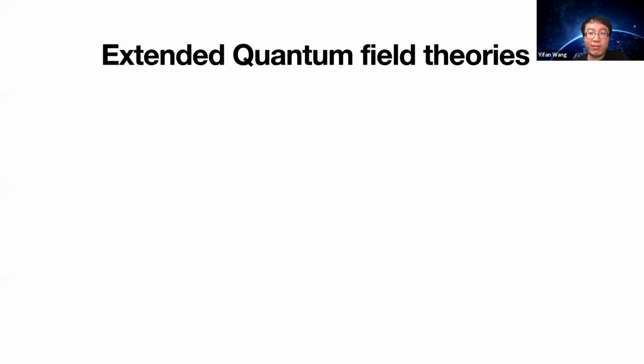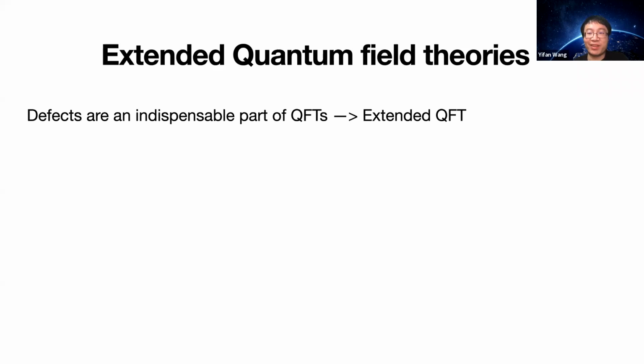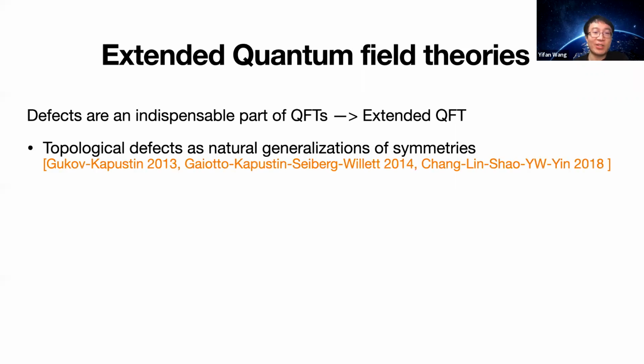So, well, in fact, these extended operators are not just useful for describing defects in these realistic physical systems. They're also quite important in giving a complete abstract formulation of quantum field theory. Okay, so there are several reasons. First of all, the topological defects, which are a special class of defects, which are invariant under infinitesimal deformations, give rise to a natural generalization of symmetries.